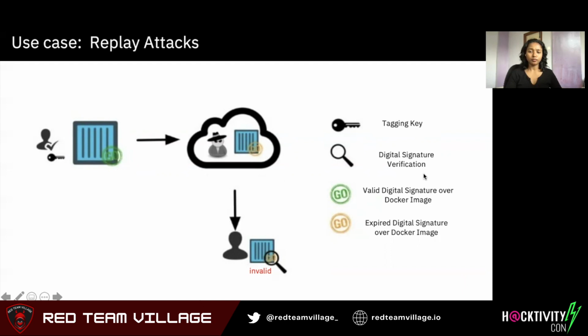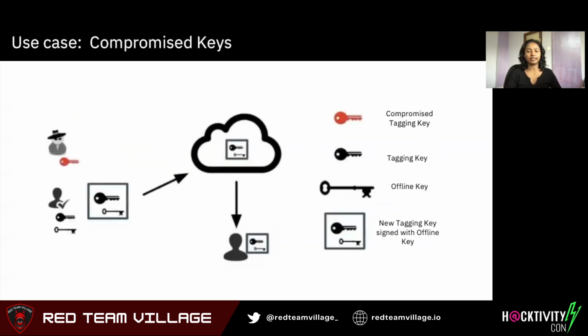When you verify the digital signature, the minute there is a replay attack or something in between, when the consumer is trying to pull that particular image, you clearly see that the digital signature over the Docker image is expired, right? That's when you avoid a scenario with the key in place.